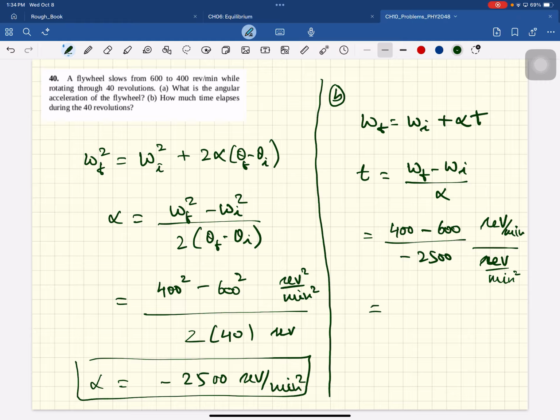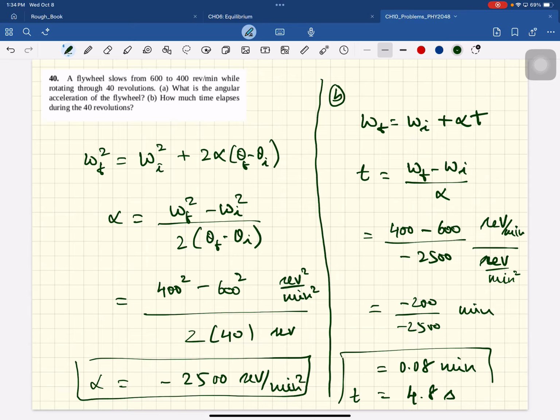And so minus 200 over 2,500. So it works out to 5 seconds. Okay.